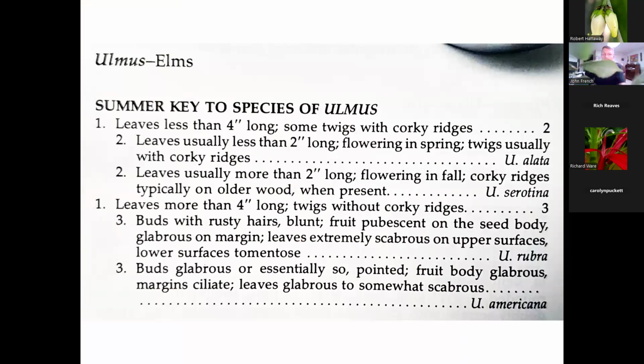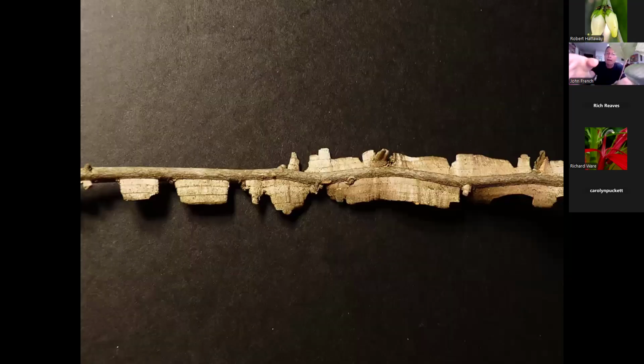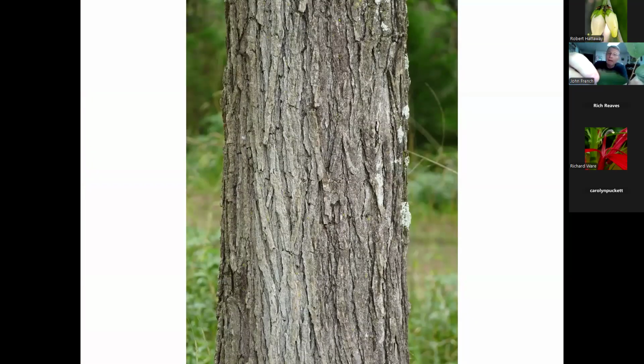Just in case you want to see it, I'm putting it right on the screen. This is Ulmus rubra. I just picked this about 2 hours ago, fresh out of my woods, and I can tell you this upper leaf surface is definitely scabrous. Are the twigs scabrous at all?